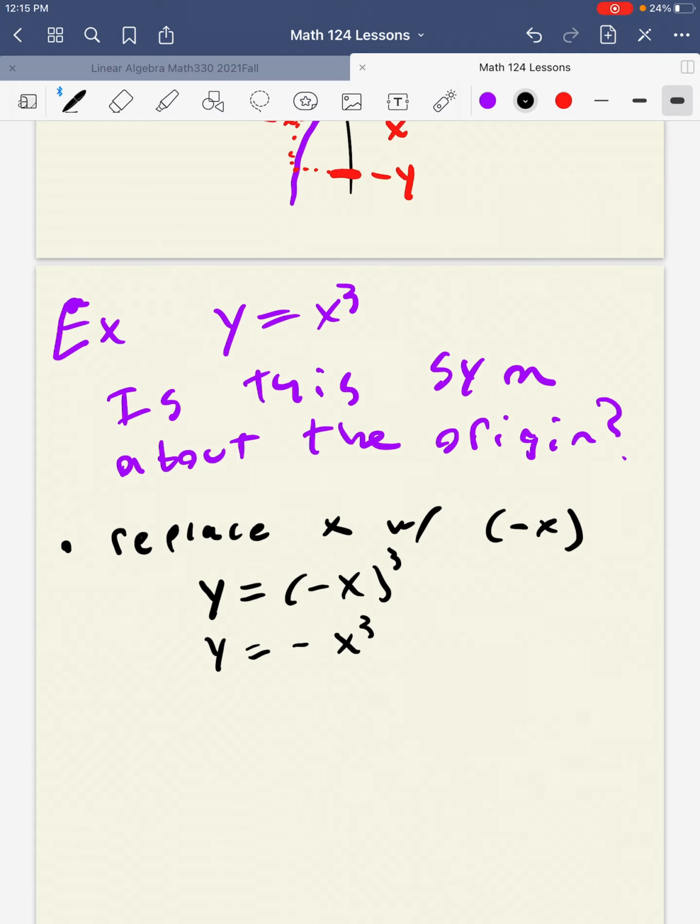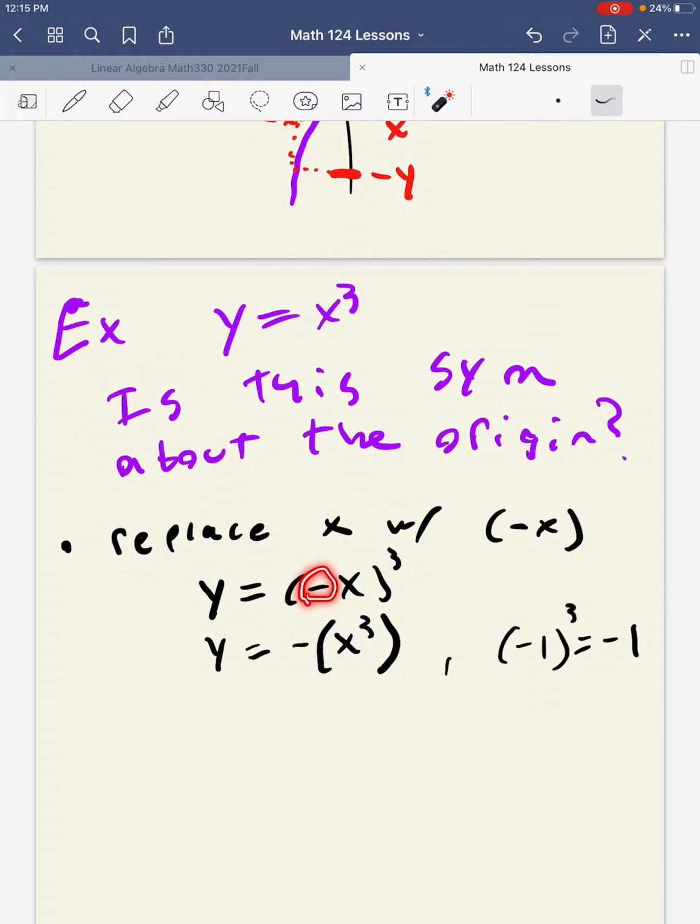Now we could put the parenthesis here on the inside. If you're confused about that step, all I did was cube the negative 1 and realized negative 1 cubed is just negative. So I was allowed to pull the negative sign outside of the parenthesis. But notice that inside of the parenthesis is the original function.